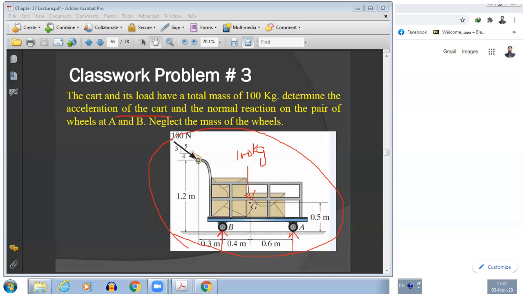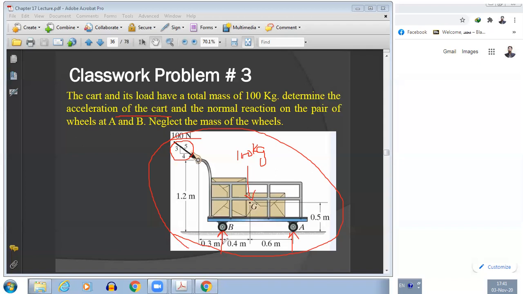Basically a force of 100 Newton is applied at the handle of this cart. For that force, the angle is given by this 3, 4, 5 triangle, which indicates the angle of this force. Here this handle is 1.2 meter from the floor, and from the handle to the center of gravity of this object, the distance is 0.3 plus 0.4.